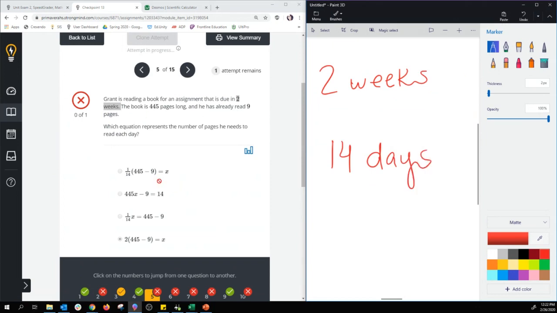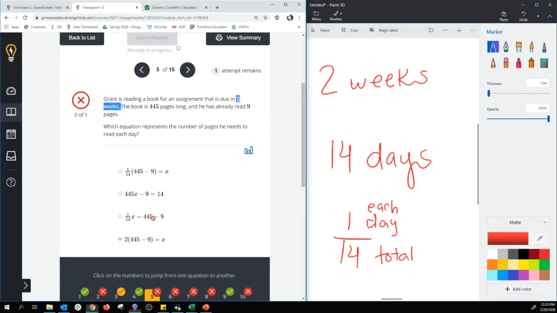Now, if I want to know how many pages I need to read for each one day, I would put 1 over 14, right? Because the 14 is the total number of days that I have to read it. And this 1 represents each day that's going by. Okay, so that means I'm going to be looking at this and these 2 with my 1 over 14. Now he's already read 9 pages, right?